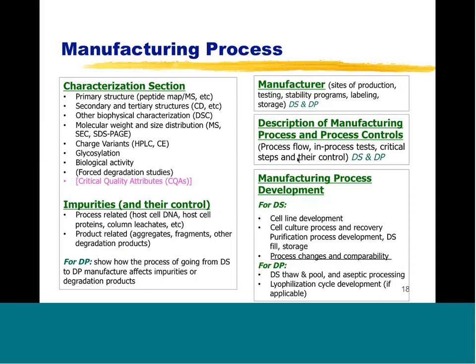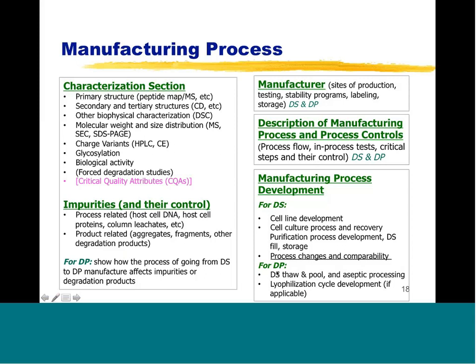And then you would talk about how you are controlling those critical steps. It could be the way that I elute the column. It could be the way I'm controlling the conductivity, or I'm having these in-process assays to tell me that I'm getting rid of host cell protein, for example. So this section describes your manufacturing process flow and how you control them.